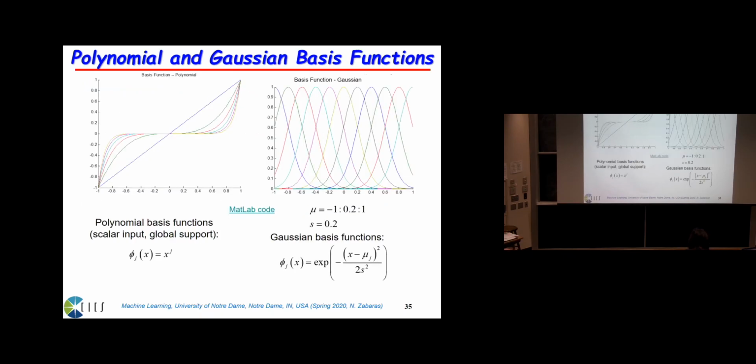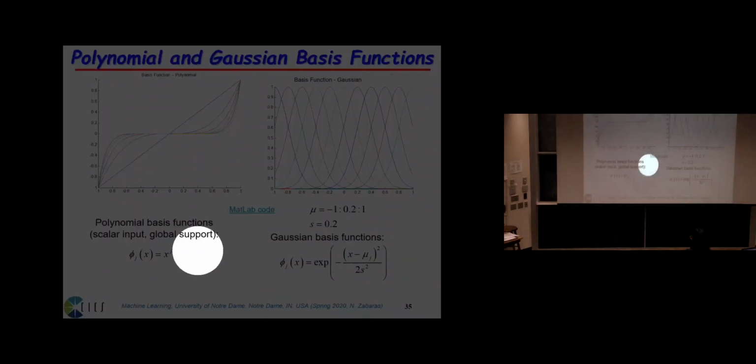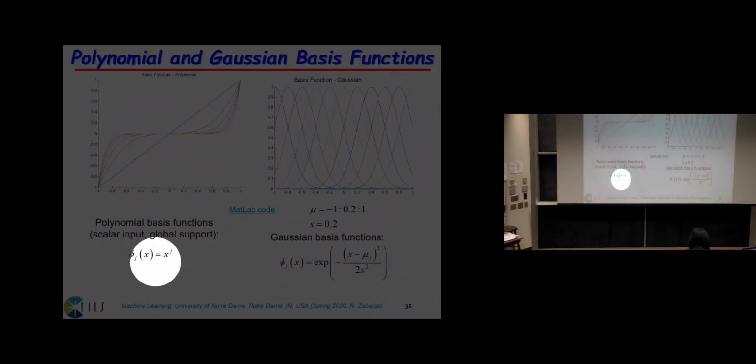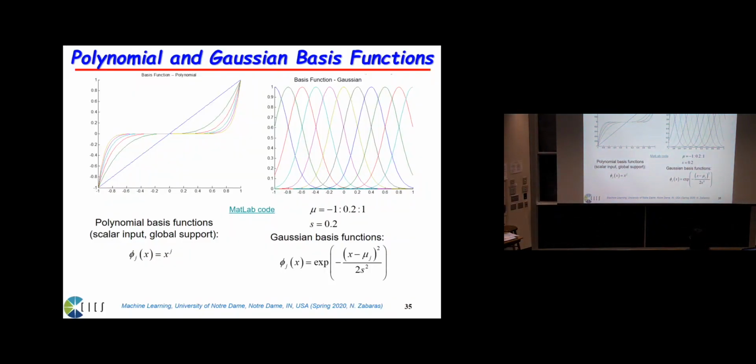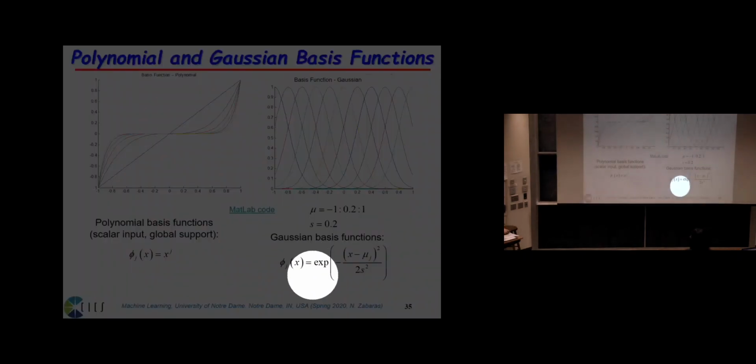So what type of functions can you use for these basis functions phi? You can use what we had before. You can use monomials in x if it is a one-dimensional problem. You can use Gaussian basis functions. You can see here lots of Gaussians with a given spread, with a given standard deviation, if you like. And these are normalized Gaussians.